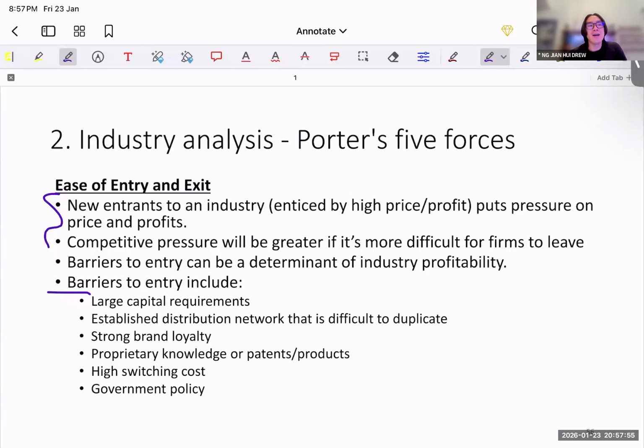So Gencos are companies that generate electricity in Singapore, right? We know that Singapore imports LNG, but the LNG is just a raw material. We still need a power plant to burn the LNG to generate power. Now, there are not many companies that have this license to operate a power plant in Singapore. There are a couple of power plants. For example, YTL Power is one of them.